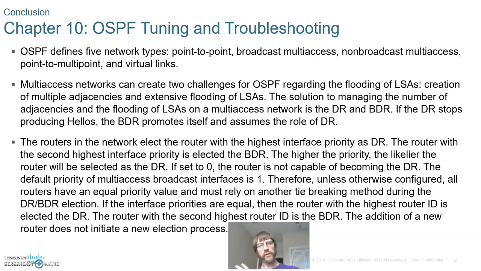As we discussed in a previous video series, the math on that is n times (n minus 1) over 2. If you've got a small number of routers, that's not a whole lot of neighbor adjacencies to manage. With 3 routers, that's 3 neighbor adjacencies, no big deal.